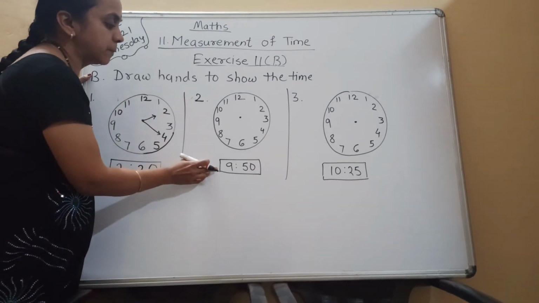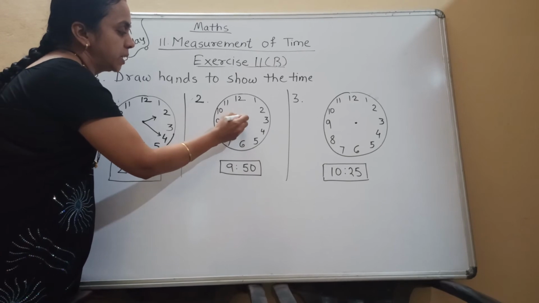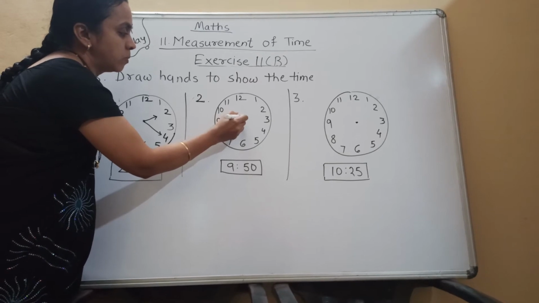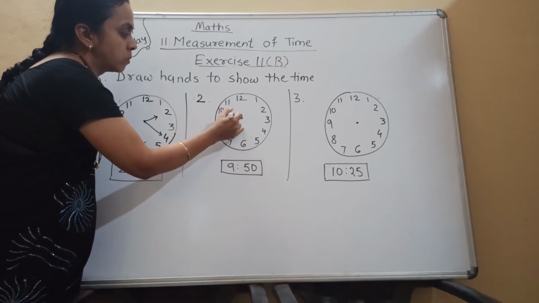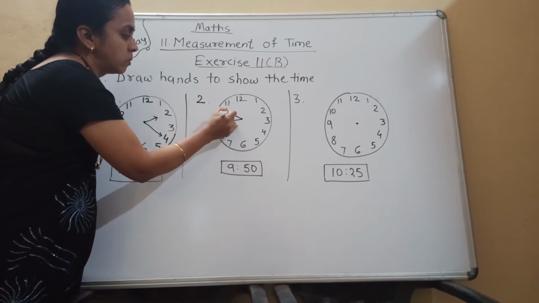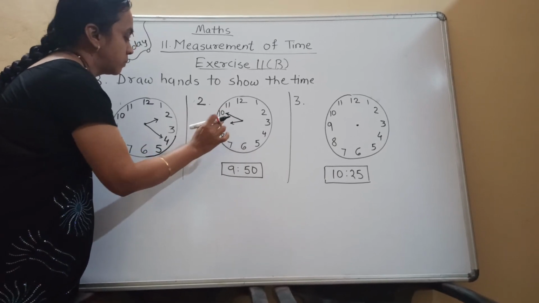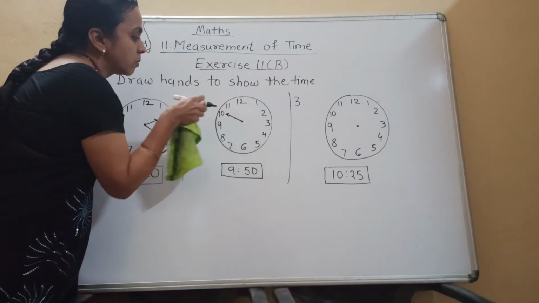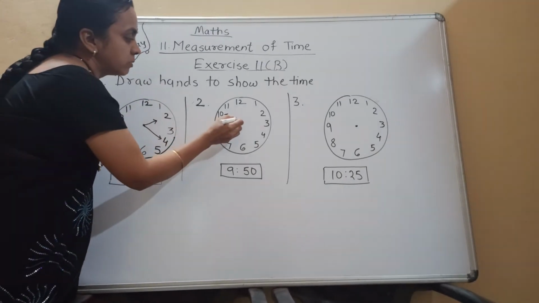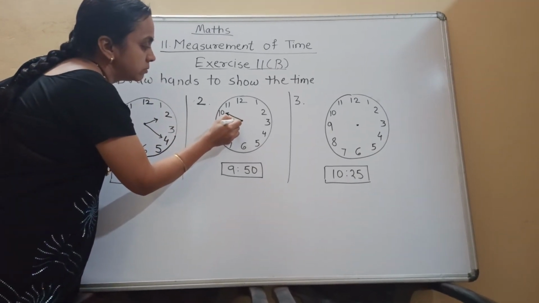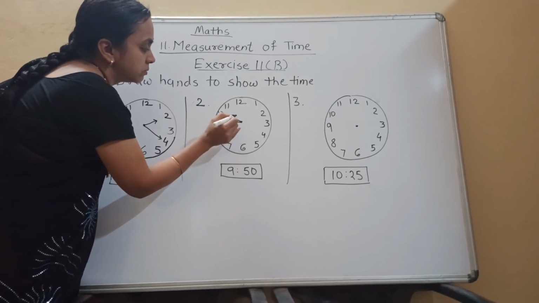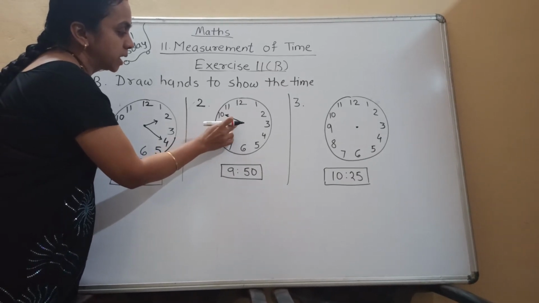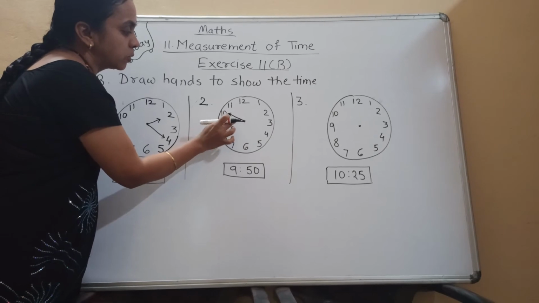Okay. Now second example is 9:50. 9:50. See here. Somewhat like this, मतलब अभी इसमें क्या 9:50, 10 बजने को 10 मिनट्स बाकी है. थोड़ा सा ये 9 से ऊपर हमको लेकर जाना है.